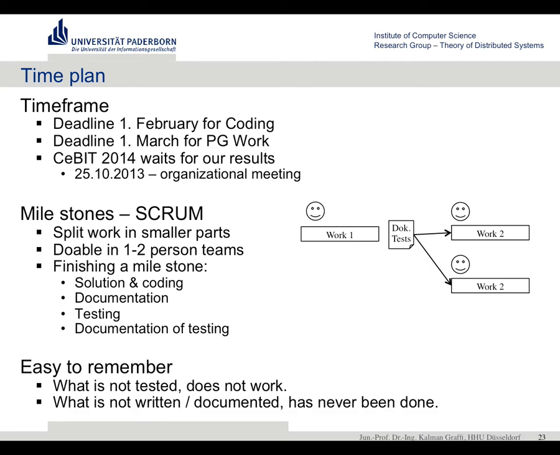Yeah, that's the clever saying: what's not tested does not work, what's not documented has never been done. I also found out recently that if you are looking into software engineering, we use the Scrum method. So we as a team find out what we want to do next and split up, and in smaller groups we do it.